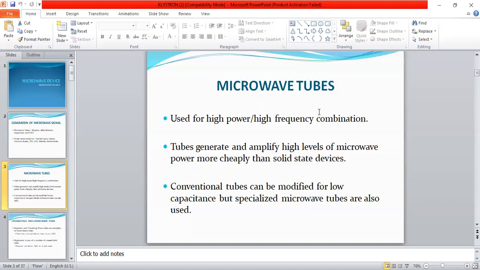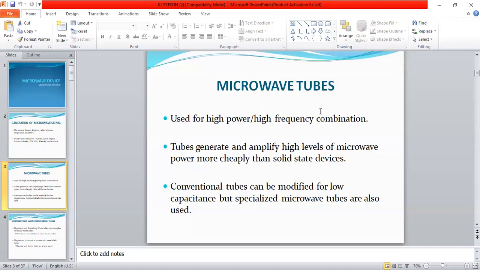Now the distance between the anode and cathode is small, so because of that small distance, there will be an interelectrode capacitance in conventional devices, as well as the inductance of the leads. Leads means here anode and cathode are the leads. So at anode and cathode, the inductance value continuously increases.